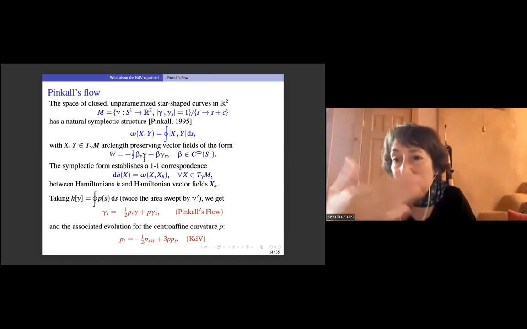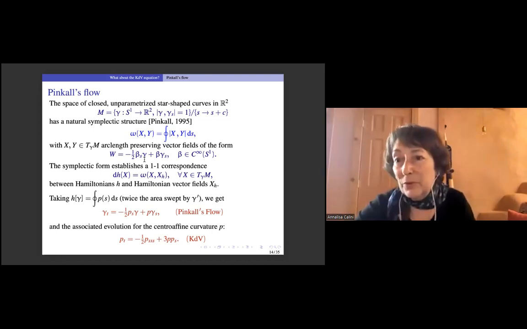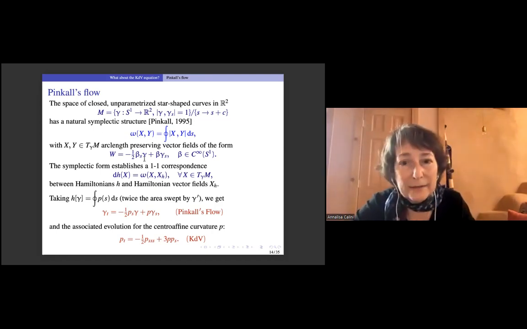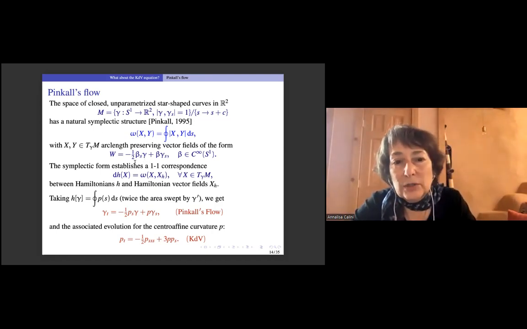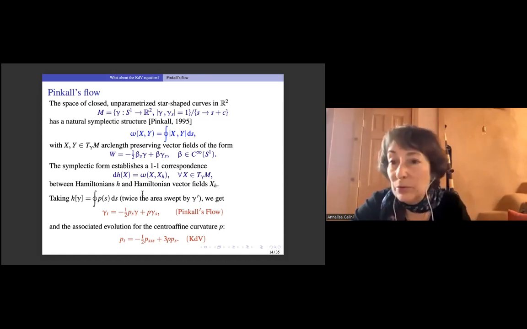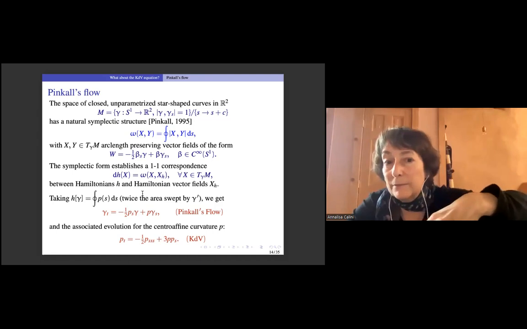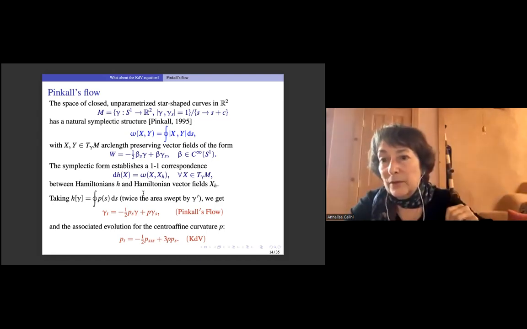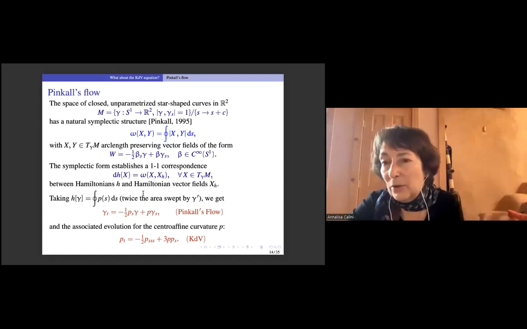That's all you have in terms of the germs of your curve. They will determine the invariant. This condition, -1/2 beta s for a generic beta, ensures arc length preservation. And the correspondence given by this symplectic structure provides you Hamiltonian arc length preserving vector fields given a Hamiltonian functional.